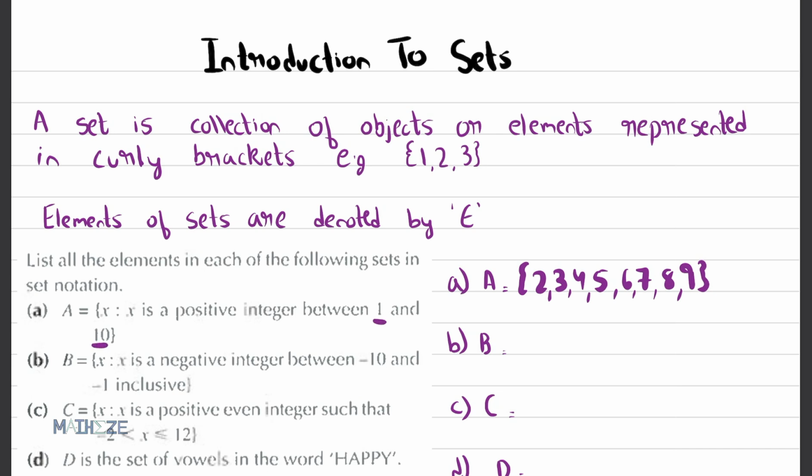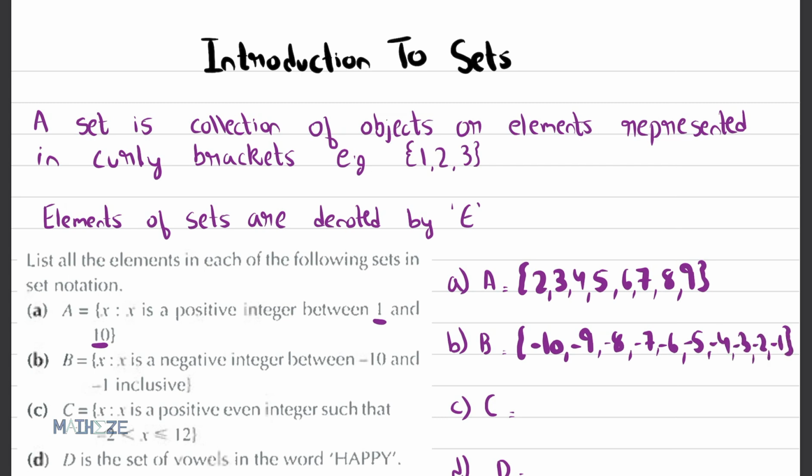Now it says negative integer between -10 and -1 inclusive. What do I mean by inclusive? That -10 and -1 both will be included. So -10, -9, -8, -7, -6, -5, -4, -3, -2, -1.